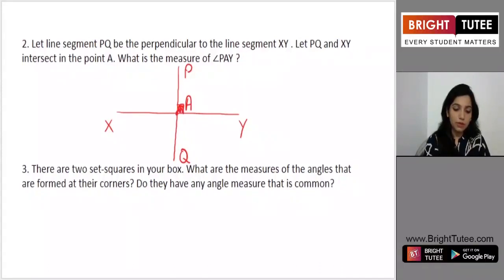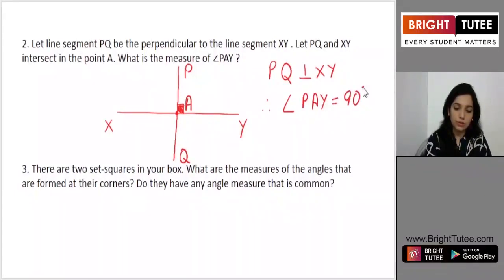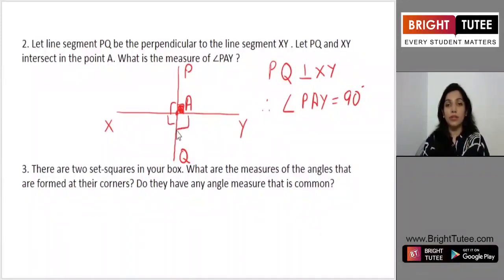Clearly, students, we know that line PQ is perpendicular to line XY. Therefore, the measure of angle PAY is equal to 90 degrees. In fact, if you see the measure of angle PAX, angle XAQ, and angle YAQ, all of them measure 90 degrees. I hope this is clear.